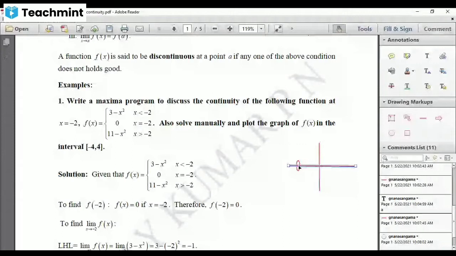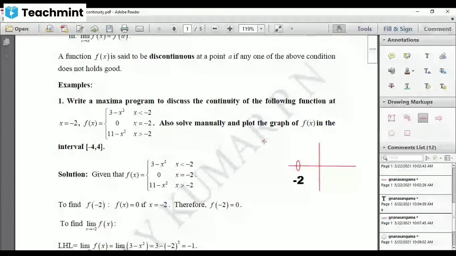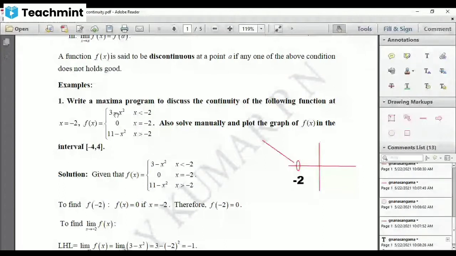But here, f of x takes three values. One, it is 3 minus x square when x is less than -2. So if this is -2, then there is a graph to the left of this, for x values which are less than -2. And that graph is 3 minus x square.